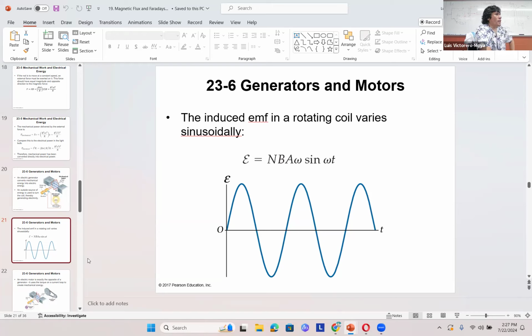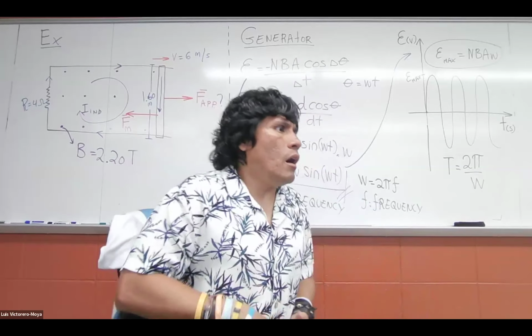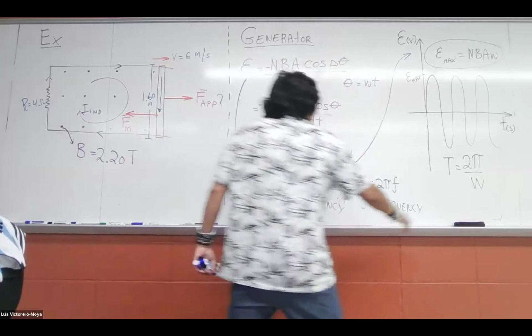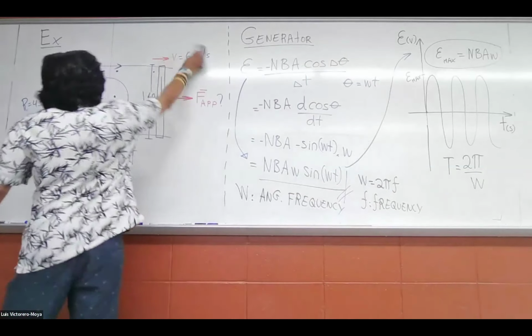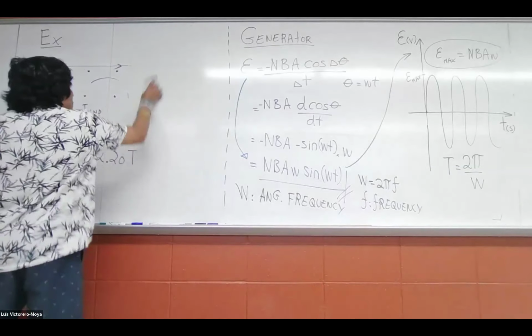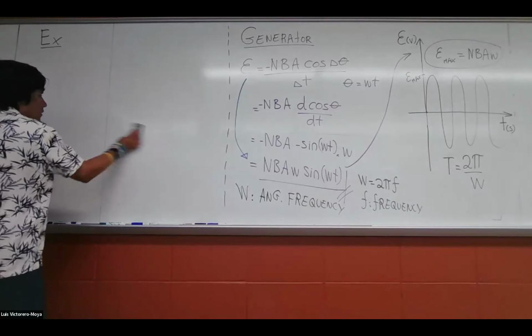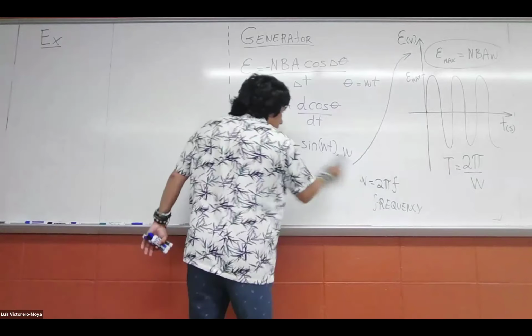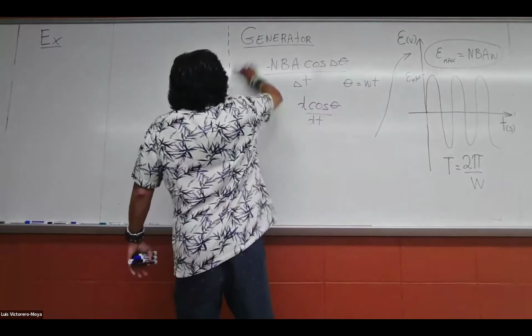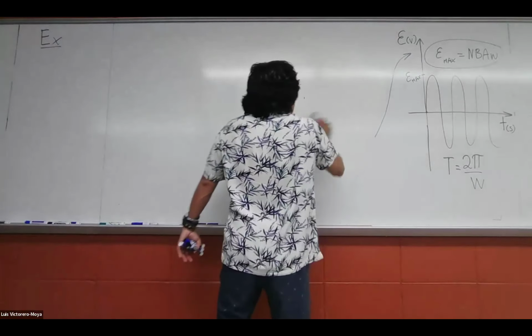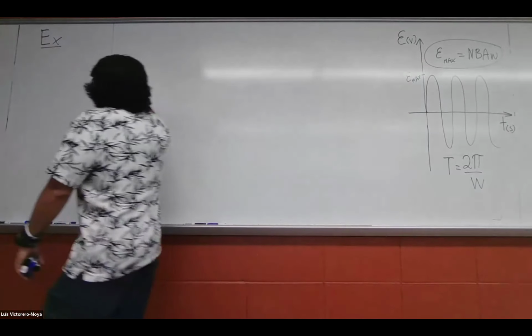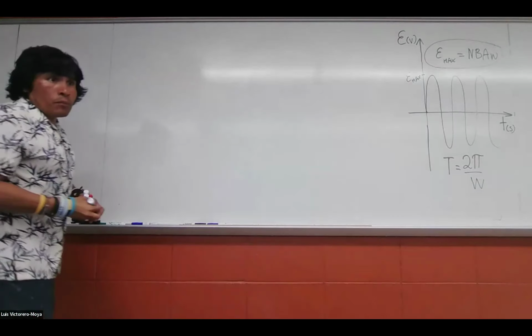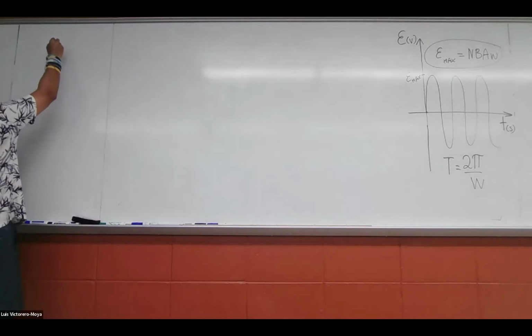Okay. So we're going to do an AC generator example, all right? With a few variables in there. So the problem tells you that we have an AC generator.